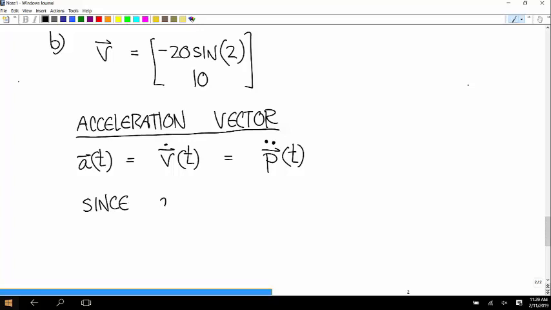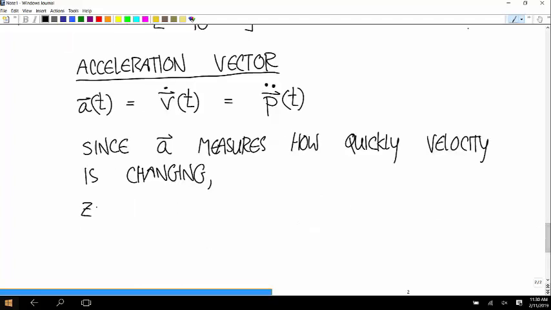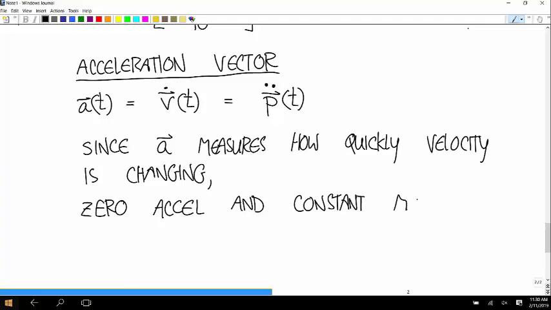Since acceleration measures how quickly the velocity is changing, zero acceleration and constant velocity mean the exact same thing.